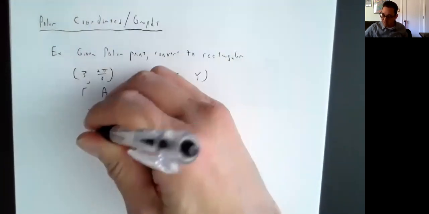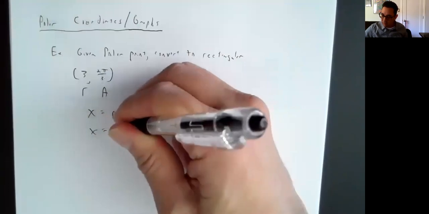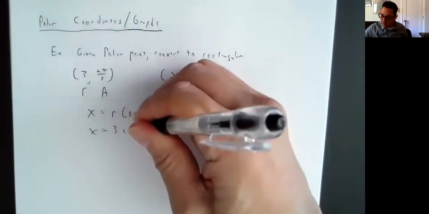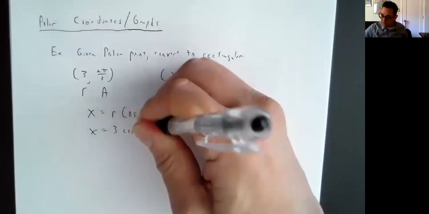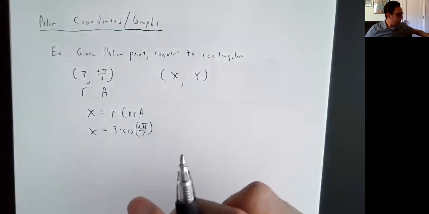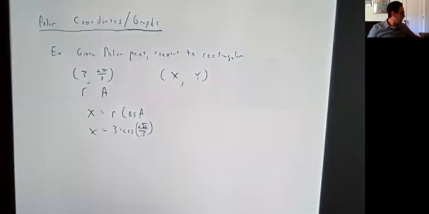Now in this case, R is 3, and theta is 2 pi over 3. So that's 3 times the cosine of 2 pi over 3. Then you just use your unit circle.